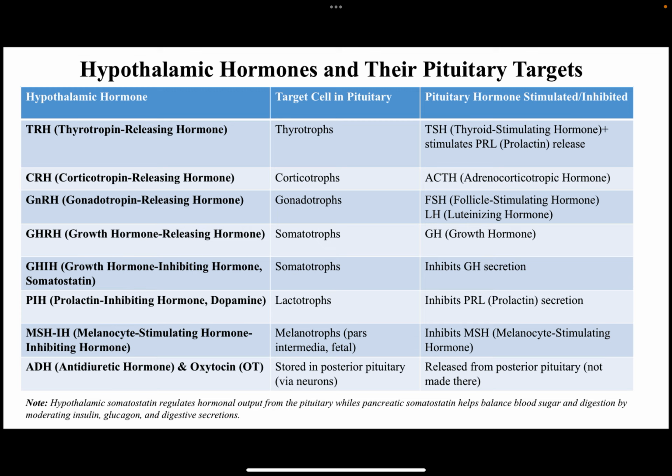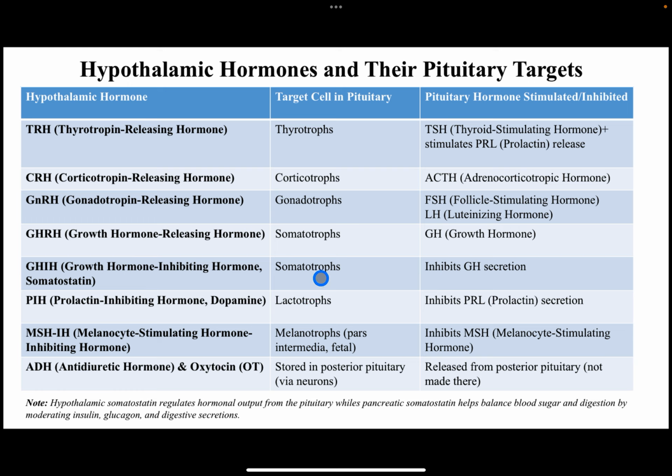Okay, so all these hormones are there, and we have the cells in the pituitary that they actually stimulate. And when they stimulate these cells, we have the corresponding activity that the pituitary gland would perform under that stimulation. So that tells you that these cells are all cells in the anterior pituitary. So the thyrotroph cells, the corticotroph cells, the gonadotroph cells, the somatotroph cells, the lactotroph cells, the melanotroph cells. These are all cells in the anterior pituitary.